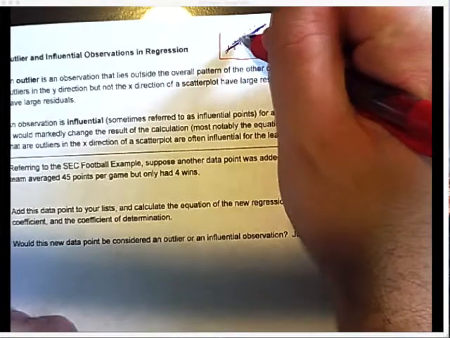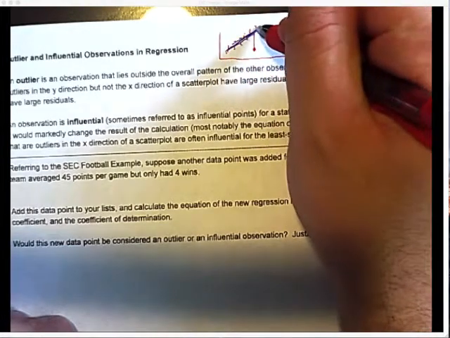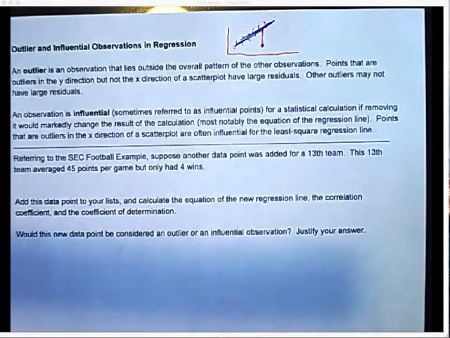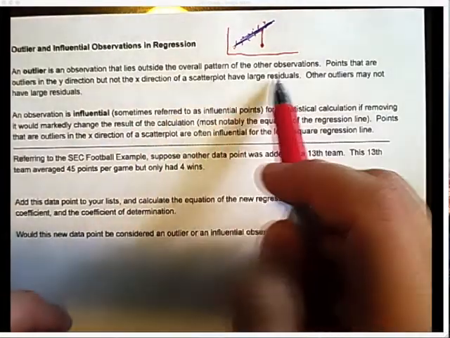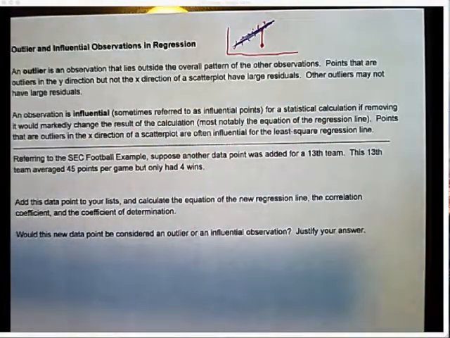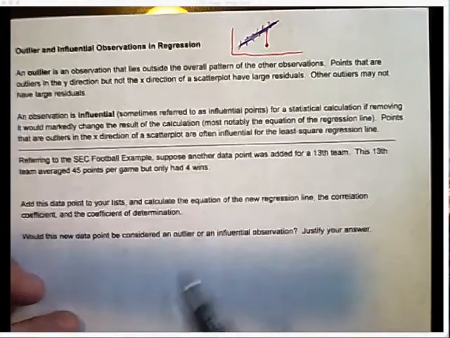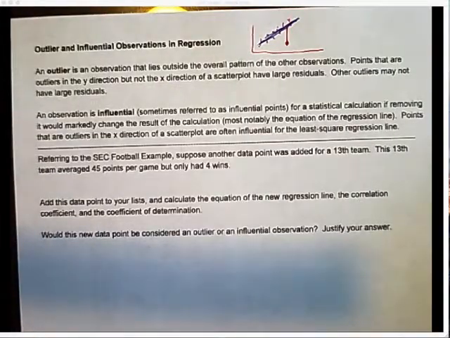It's got a non-typical residual. That's what this is saying. In the y direction, they have large residuals. Other outliers may not have large residuals. Just depends.